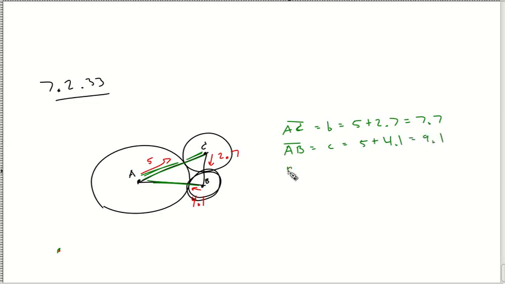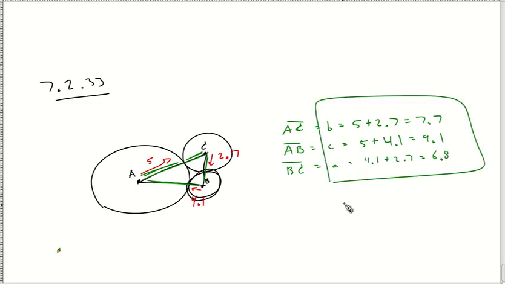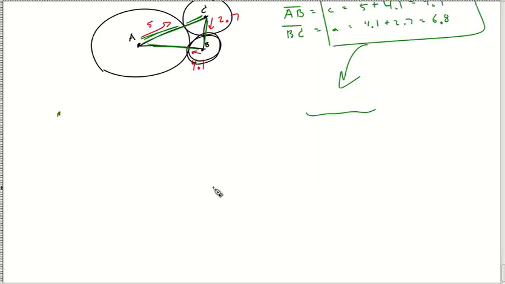And then my BC line right here, little a, is equal to the 4.1 plus the 2.7, 6.8. Now that we have our sides, you can now find the angles just like the last problem. So I'm not going to do it. It's way too repetitive, man, way too repetitive for a cool video like this.